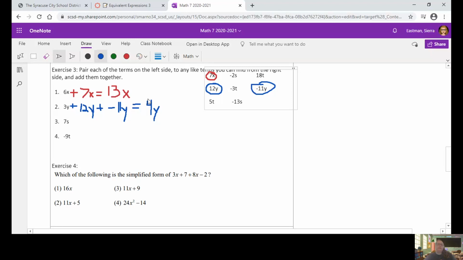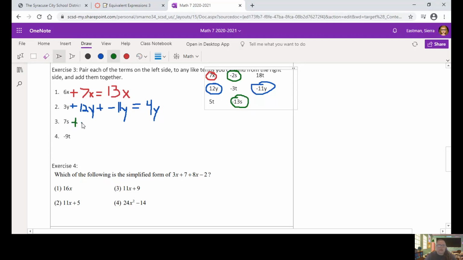Take a second, pause the video here, and try 3 and 4. Can you find those like terms and add them together for me? All right, hopefully you paused that video. I'm going to go ahead and try to find the like terms to 7s. It looks like we have 2 again. We have a negative 2s and we have a negative 13s.